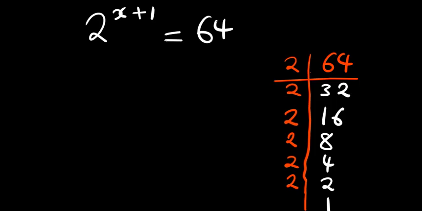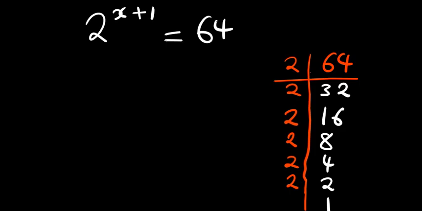So once I have the lowest number less than 2, I'm stopping, because if I put a 2 again here, 2 cannot go into 1. So basically I'm going to end it there.